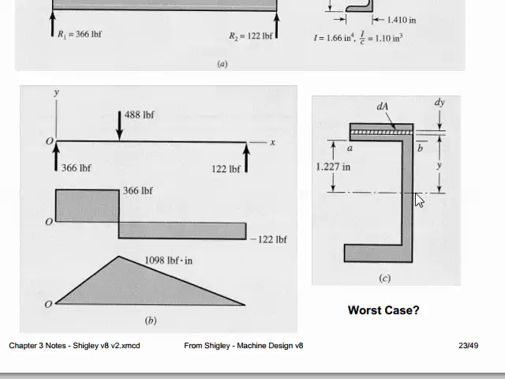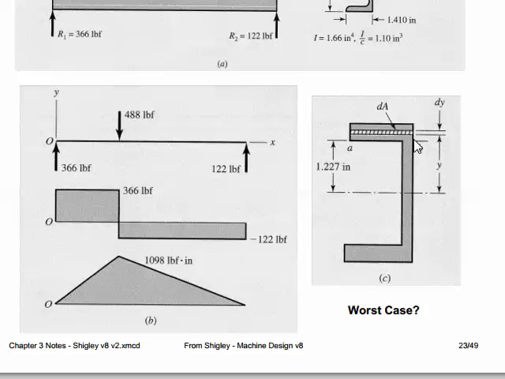And it acts alone because there is no transverse shear at the top or bottom of the beam. But because of the kind of shape that we have, the transverse shear in the skinny section, right as it's about to enter the wider section, that transverse shear might be fairly large. And because we haven't moved very far from the top of the beam, the MC over I, because C is still pretty big, or the MY over I, because Y is still pretty big, might actually give us a worst case stress.